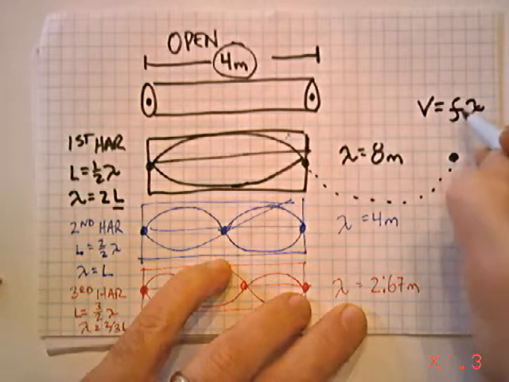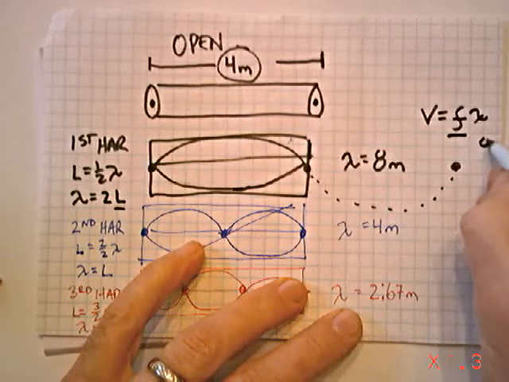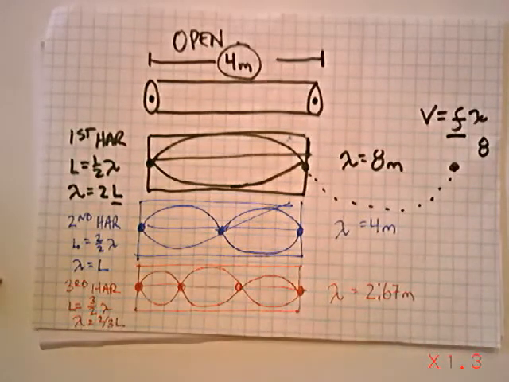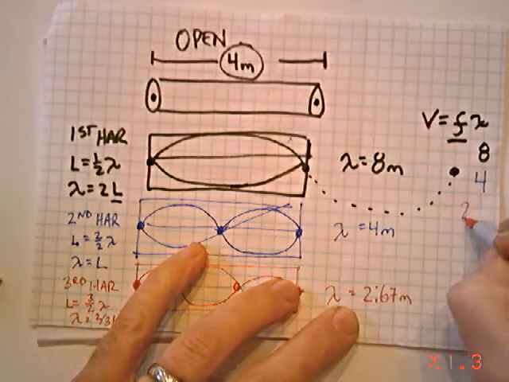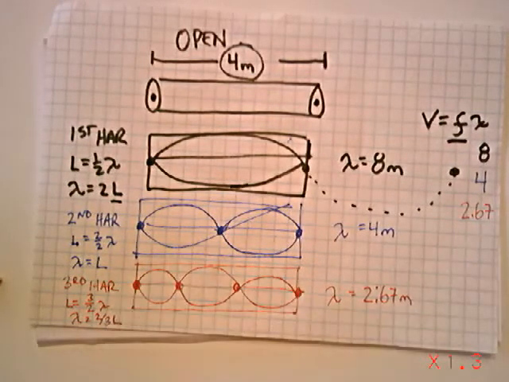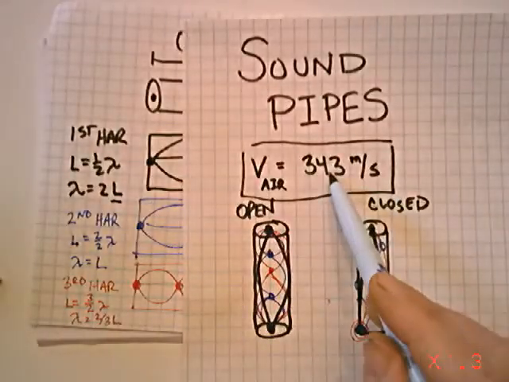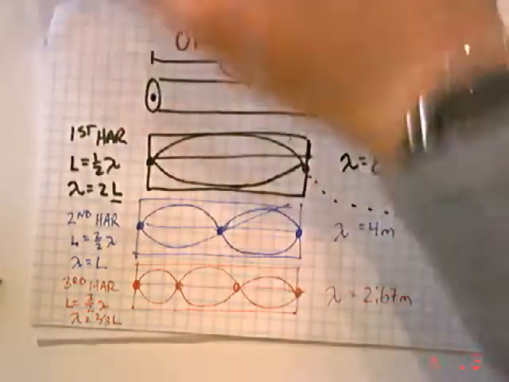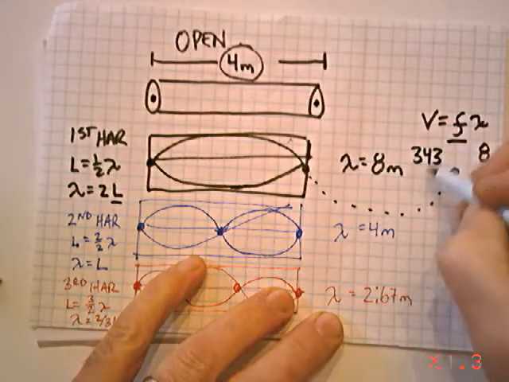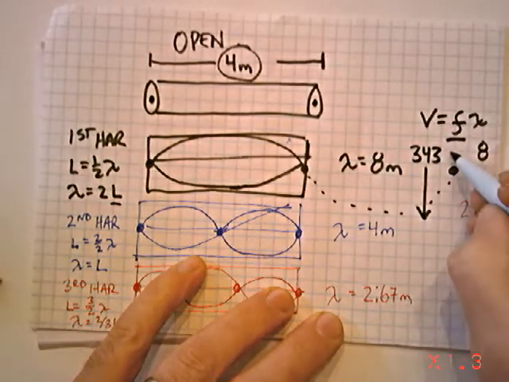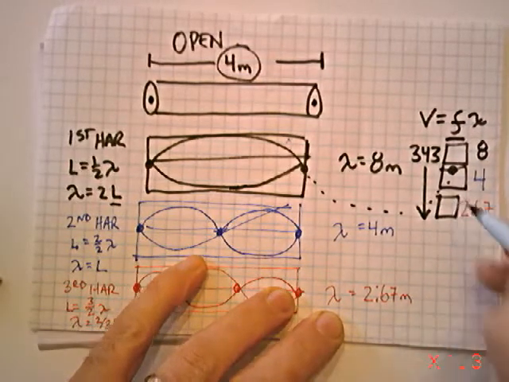All right, so those are our wavelengths, and then we can use this formula right here, V equals frequency times wavelength, and we can solve for our frequencies. So I could put in 8, I could put in 4, I could put in 2 2/3, and then I could put in V. Now keep in mind, as I talked about at the beginning, V will be 343. So we put in the velocity of sound in air, and it will be 343 for all of these examples, and then we can solve for these 3 different frequencies.